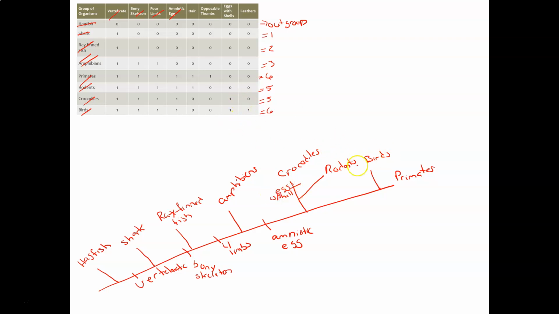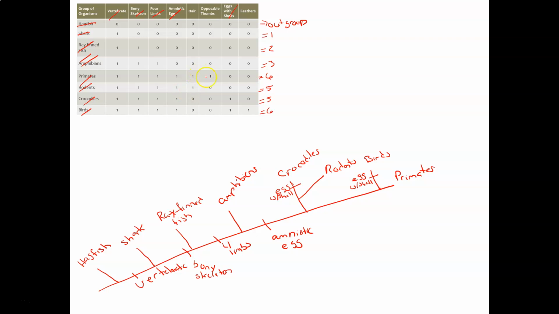Okay, but the birds also have it, which means that this is something that actually showed up more than once. It's unusual for that to occur, but it's not impossible. And given the data that we have, that seems to be the best fit. So we're going to take that one off the list, and that one's going to be something that showed up twice.